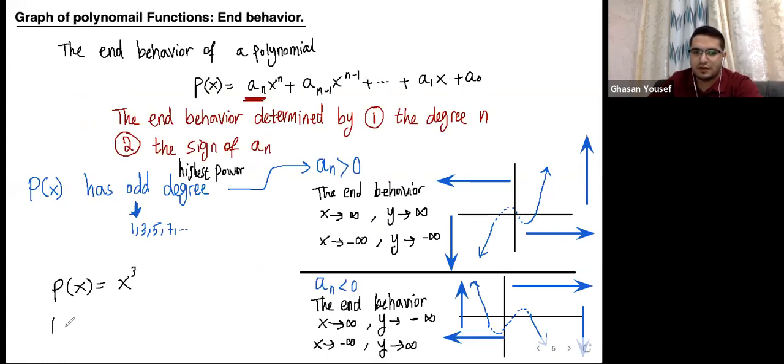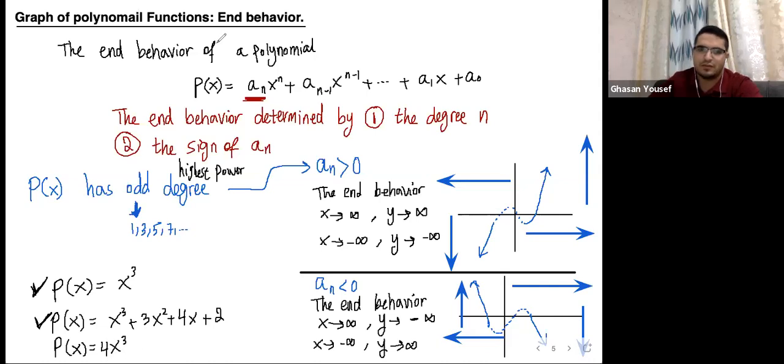But if you need something harder, P of x equal x cube plus 3x squared plus 4x plus 2, for example. This is an example of a polynomial. Or you can get P of x equal minus 1 or minus 2 x cube plus 3x squared minus 4, for example.